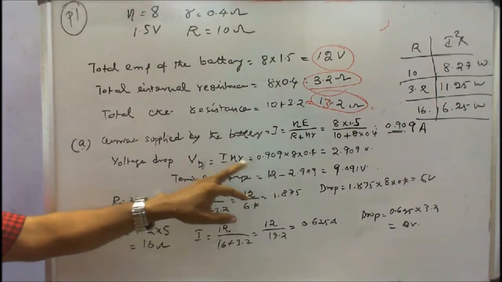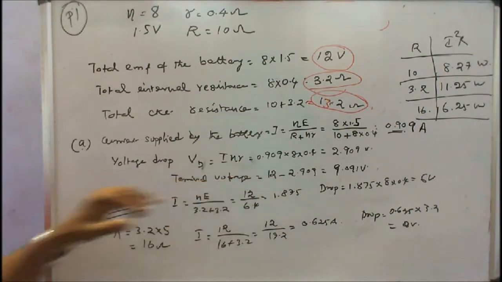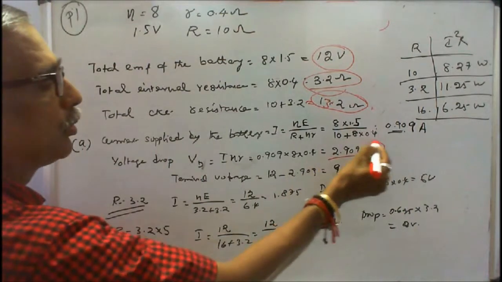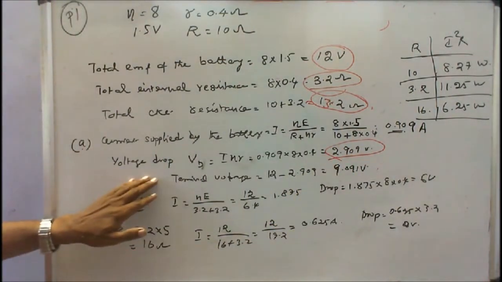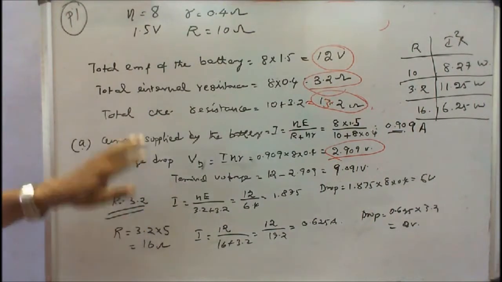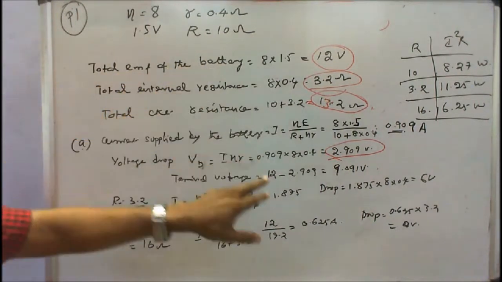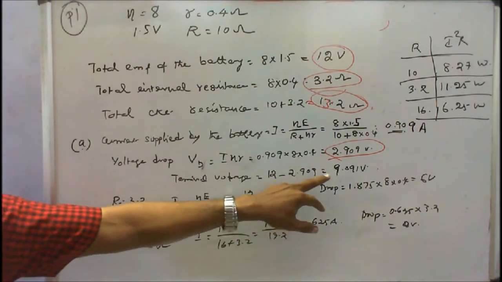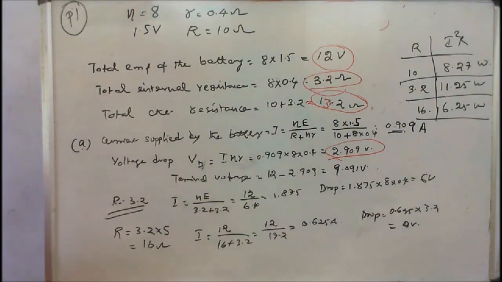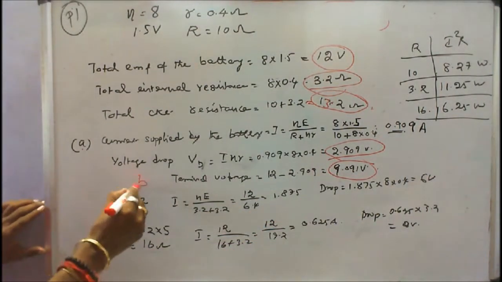I substitute in the formula, n is given, r is given. The voltage drop is 2.909 volts. Therefore, the terminal voltage is equal to the total EMF of the battery, 12, minus 2.909, is equal to 9.091 volts. Part A is over, this is part B.